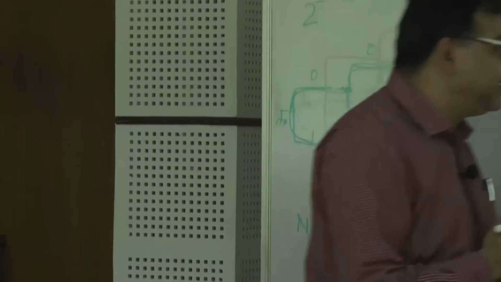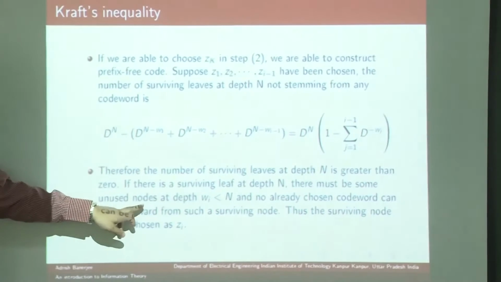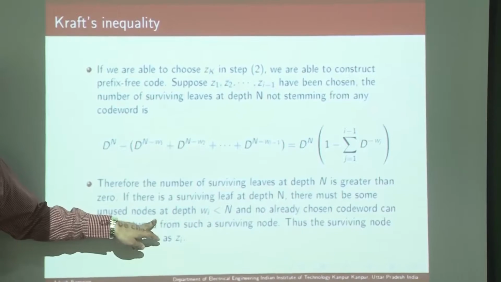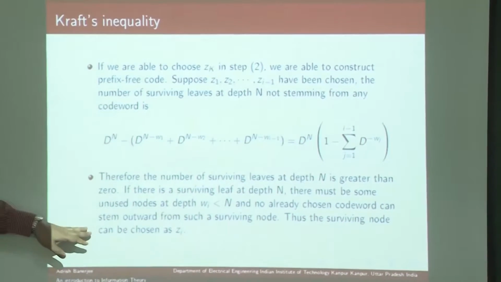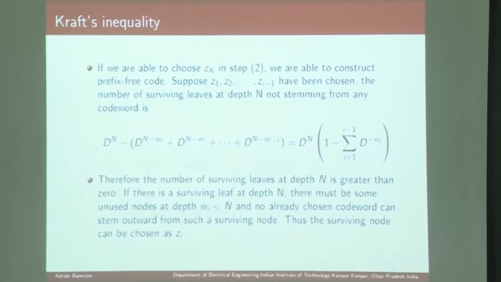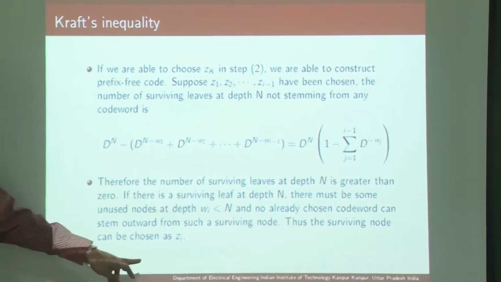So what I am saying is, if there is a surviving leaf at depth n, then there must be some unused nodes at depth wi less than n, and I can always map my Zi, which is of length wi, could be n, could be less than n.